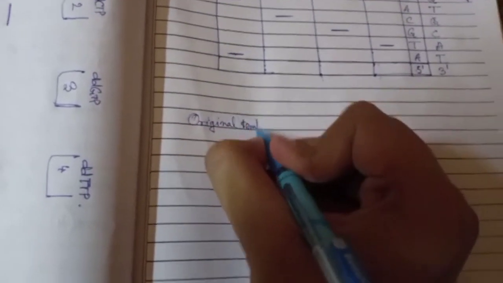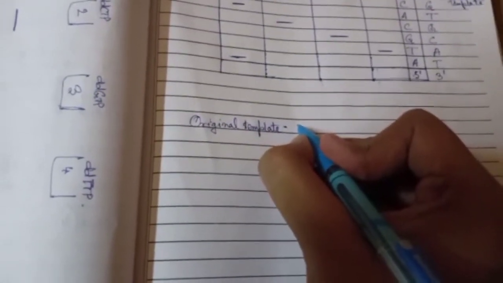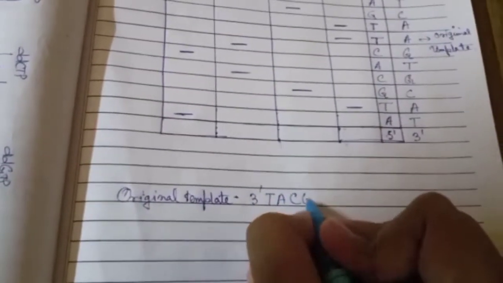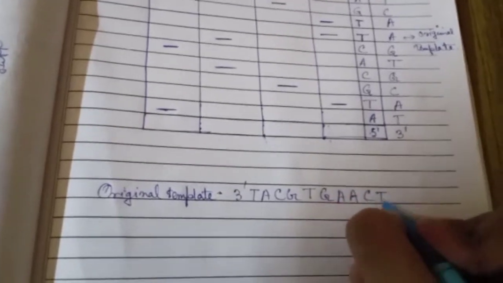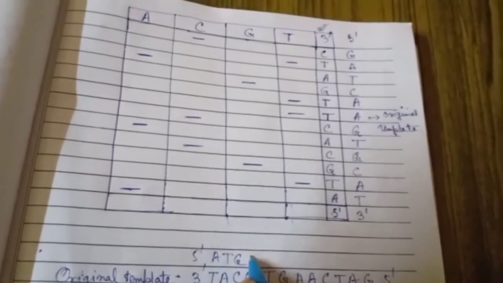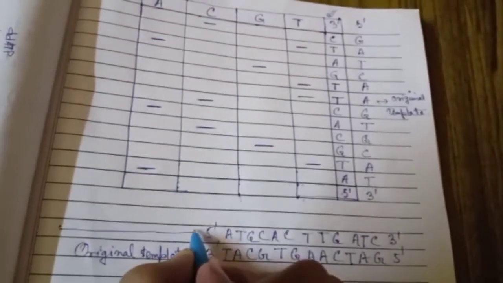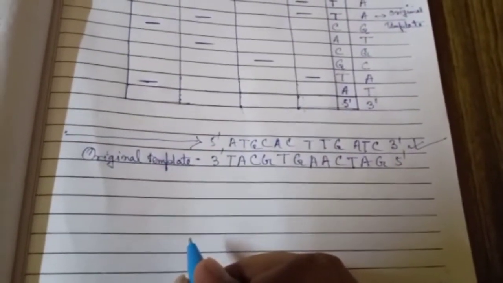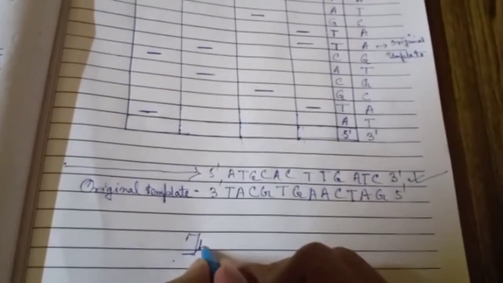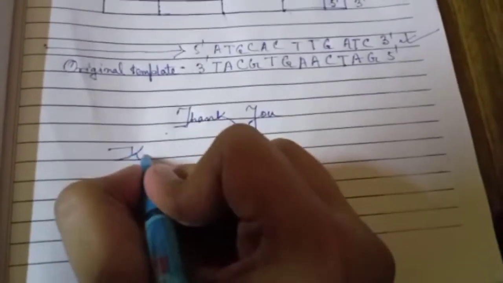So I write the original template, which is 3'TACGTGAACTAG 5', and the sequence of this strand, which we get from this by using Sanger sequencing, that is 5'ATGCACTTGATC.